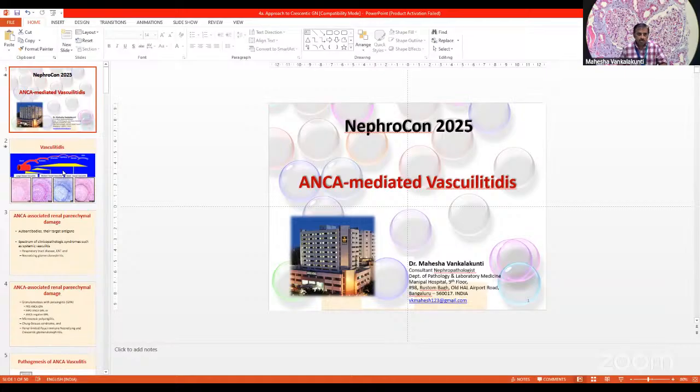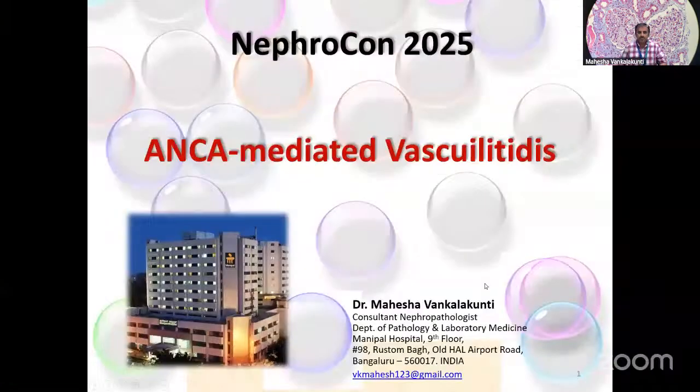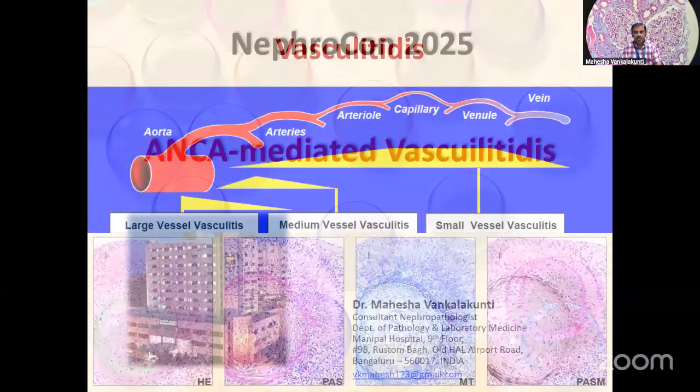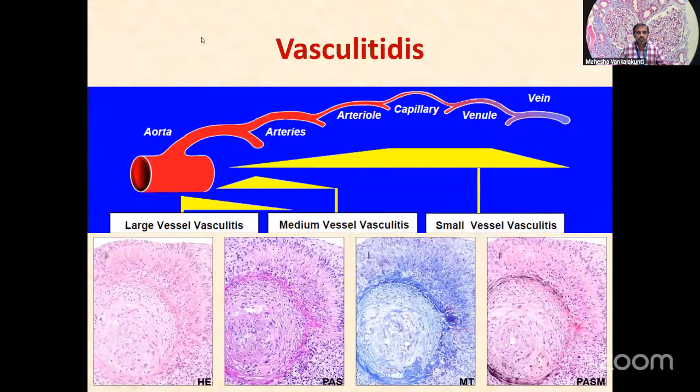The topic that is assigned is the ANCA mediated vasculitis and its renal damage. As we go on to this, the definition of vasculitis, as the name suggests, is inflammation of the vessel, and the inflammation could be affecting any part of the vascular tree, as you can see here.